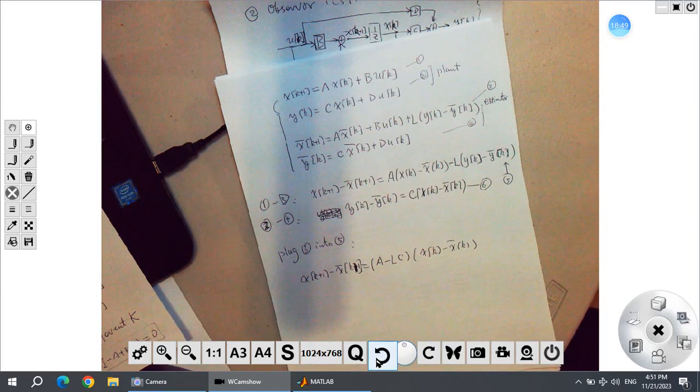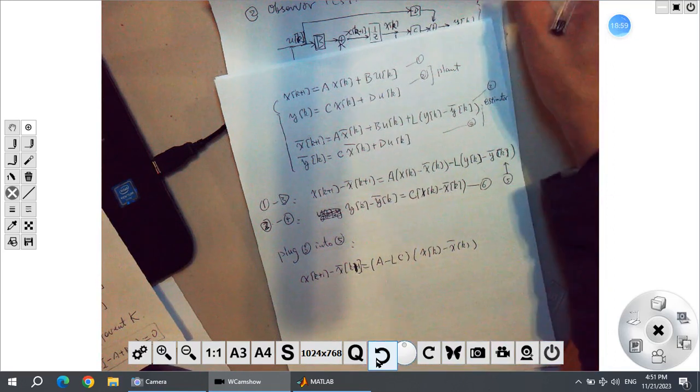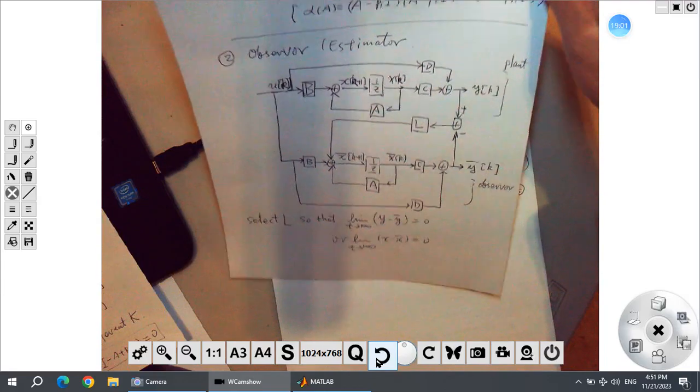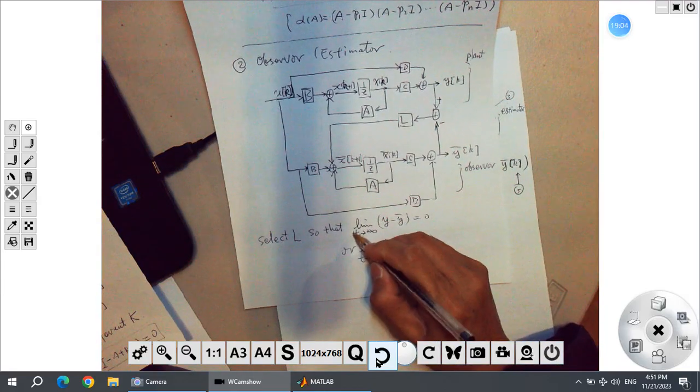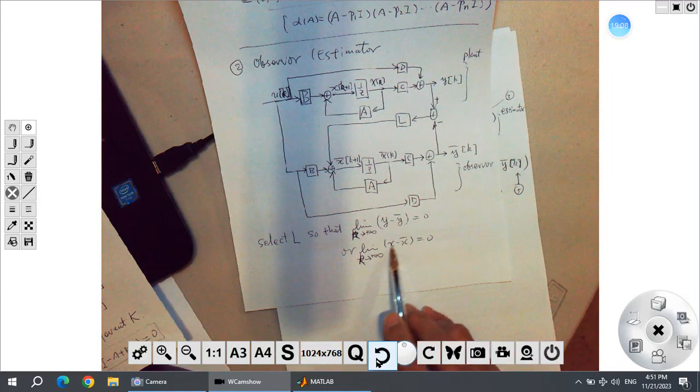Okay, so based on this, if we want x minus x bar to tend to 0 for large k, let me see. Did I put the wrong thing? Oh, I put the t. It should be n. That should be k. I'm sorry. Yeah, we want this one to tend to 0.